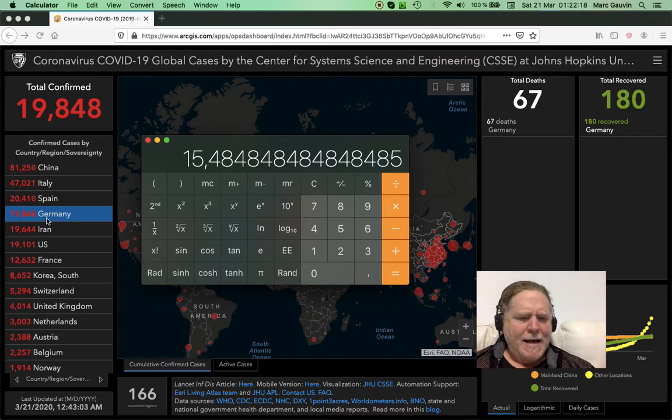That is a massive difference. I mean, that's a 1,500% difference between the death rate in Spain and Germany.